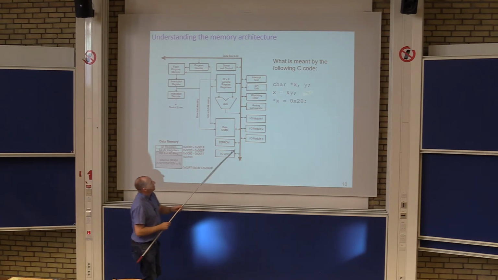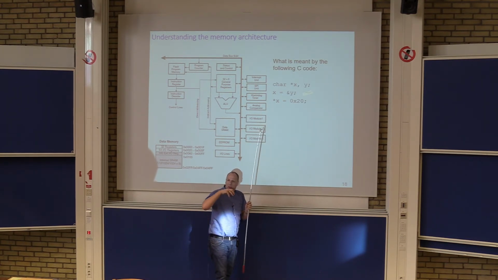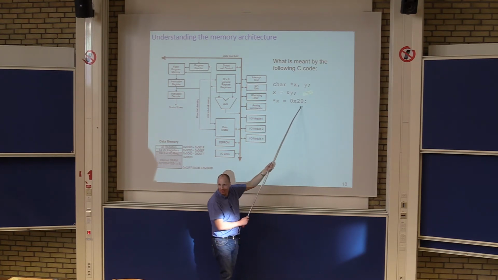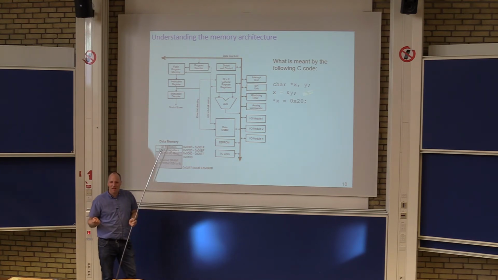Okay, if we now write star x, so then x was an address, we put the star before, so that means that we will now go to the location pointed to by x, and we will store this value. What will happen to the value of y here? It will be 20.